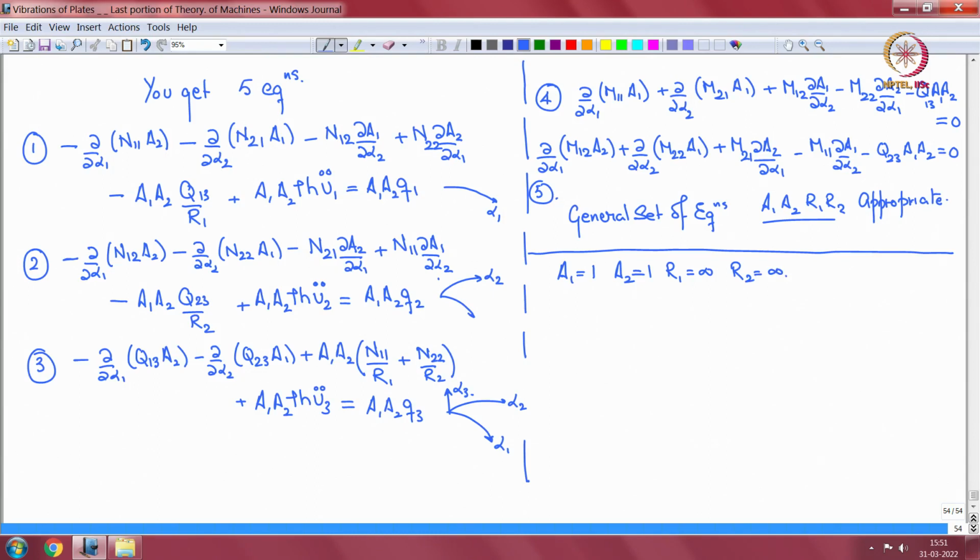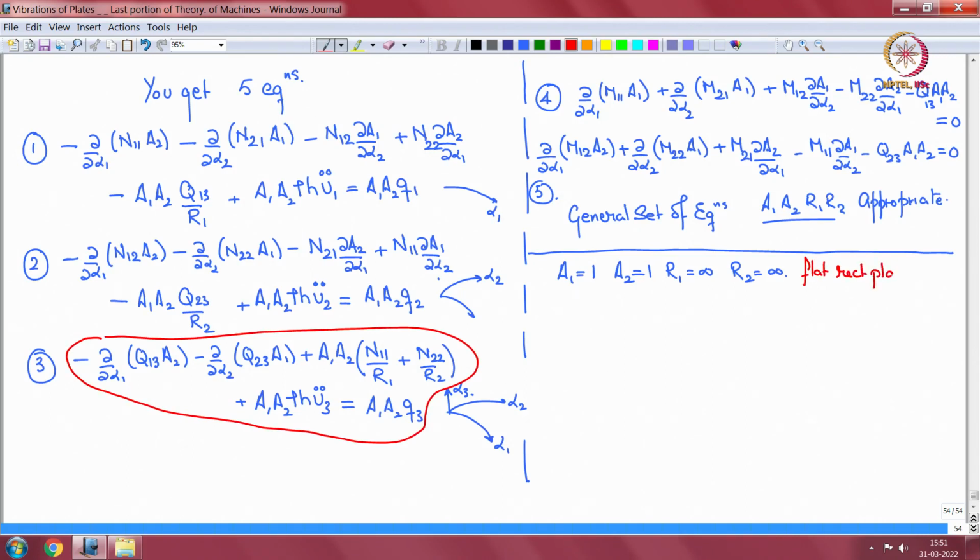Then you will see that this equation becomes the equation for a flat rectangular plate. And this one will look like an equation for axial waves in a rod, or longitudinal waves in a rod.